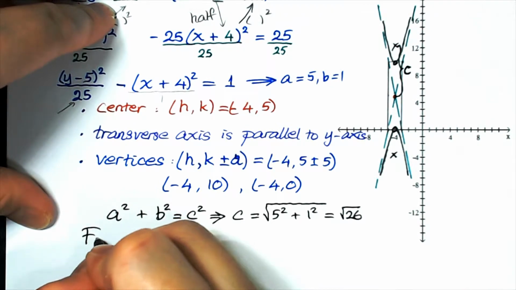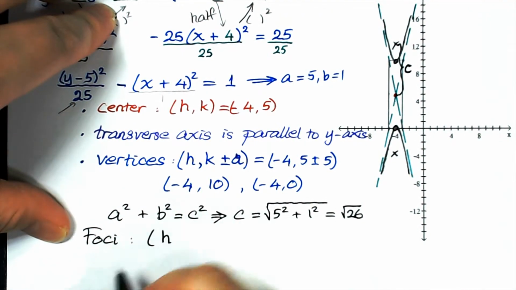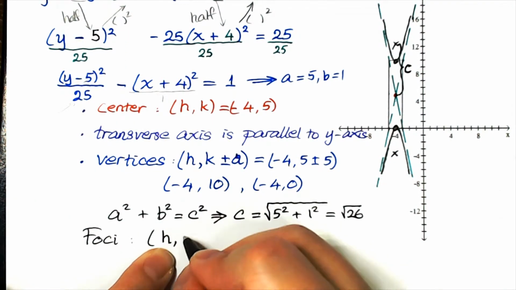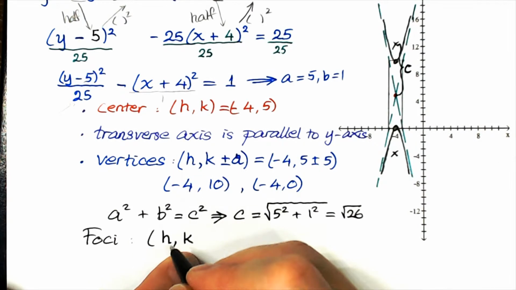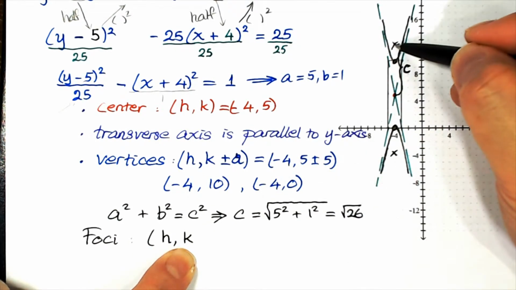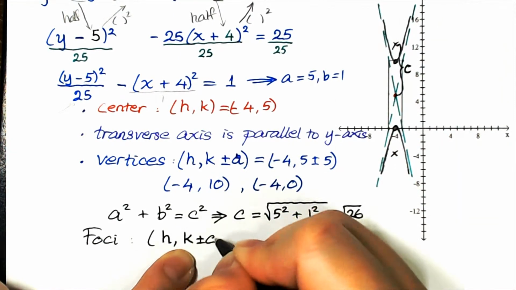So the foci, seeing it is vertical, the x component stays the same. The only thing that changes is we go from k up c units and down c units, so plus or minus c.